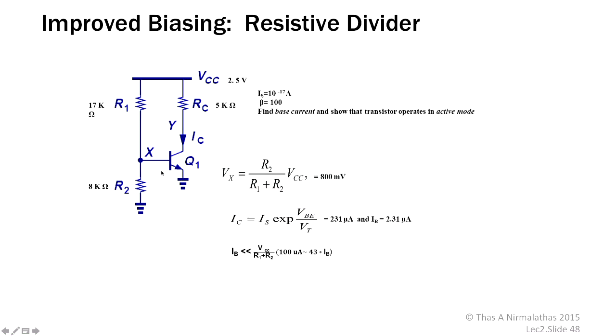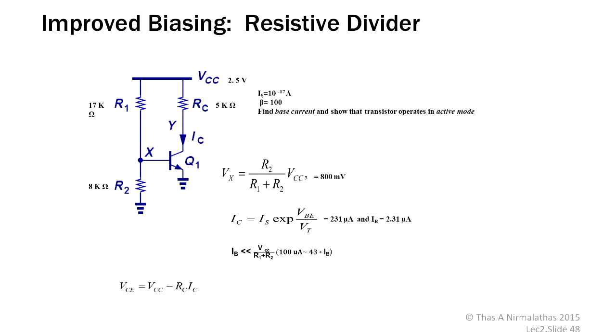But your IB, that current, is only 43 times smaller than this one, so your fluctuation will be 10 times divided by 43 times. The fluctuation is very, very small. Because this current is big, 10% fluctuation in this big current, but from that you are taking only a small portion, only 2.31, so this will be fluctuating only very, very little. So the IC is also fluctuating very, very little. So this is relatively better compared to the previous circuit.